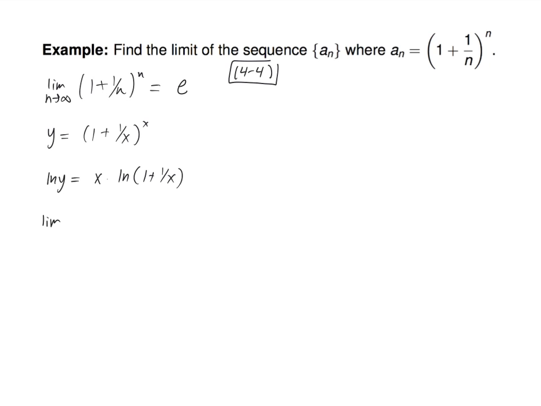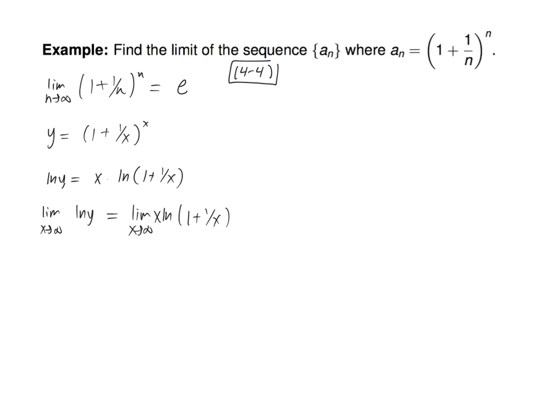There are more complicated ones done in that part of the book. So the limit as x goes to infinity of natural log y equals the limit as x goes to infinity of x ln of 1 plus 1 over x.